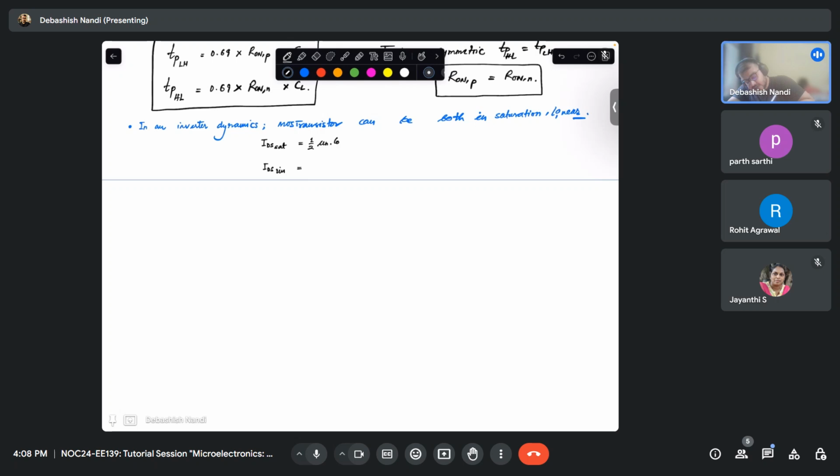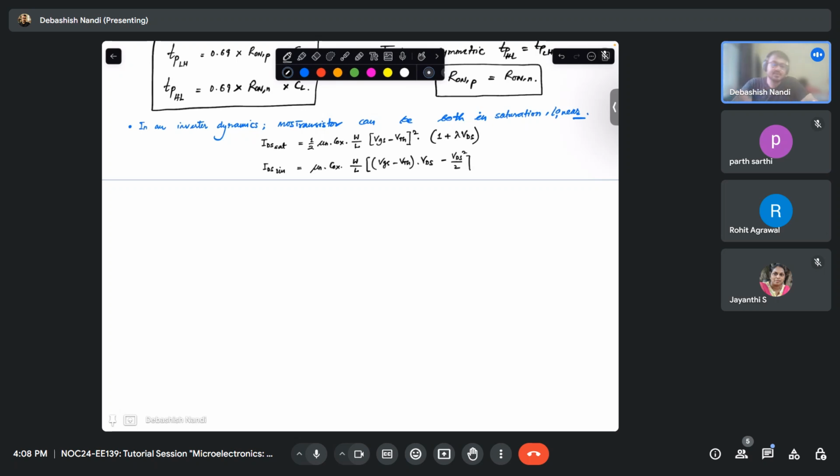Half mu n Cox W over L VGS minus VTH whole square times 1 plus lambda VDS, right? This is the saturation case. And mu n Cox W by L VGS minus VTH times VDS minus VDS square by 2.